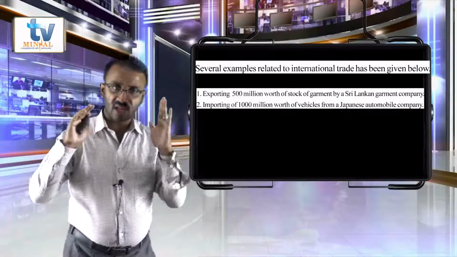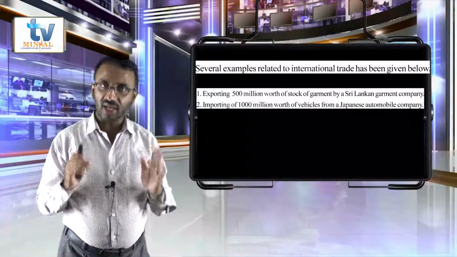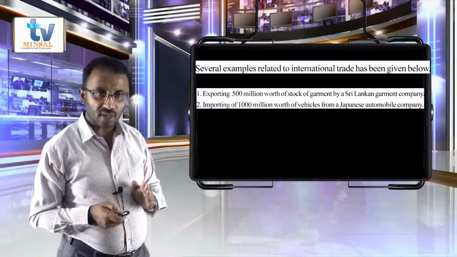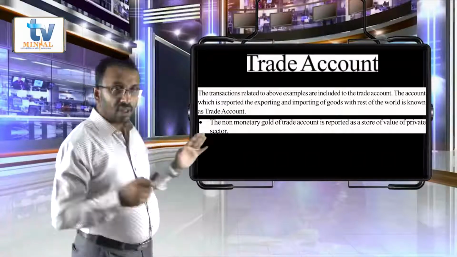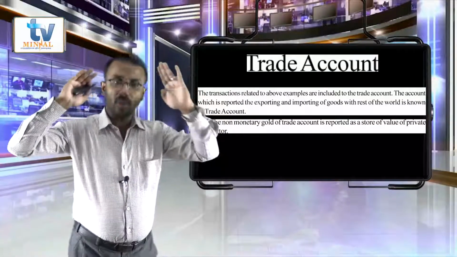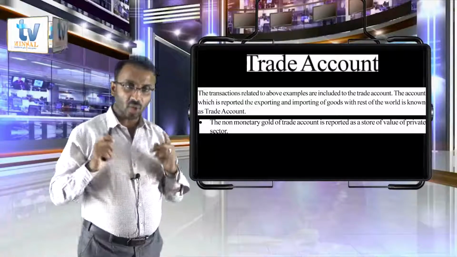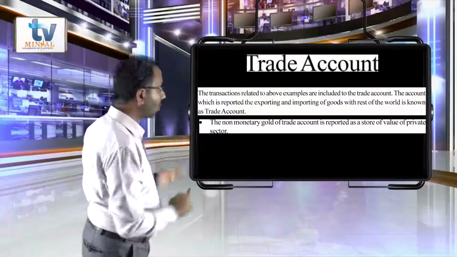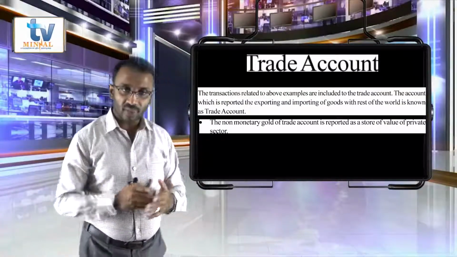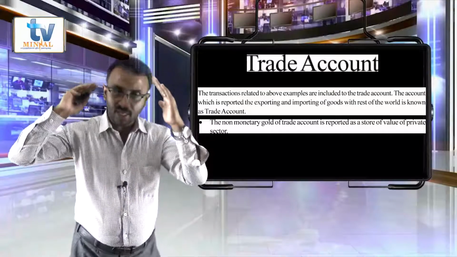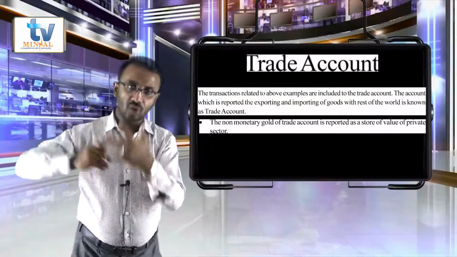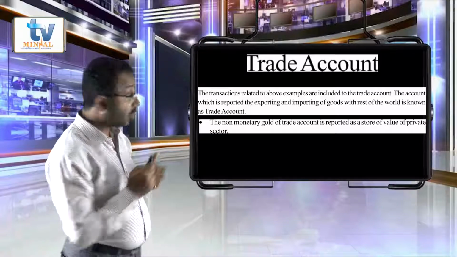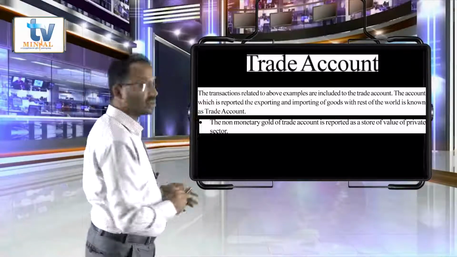These transactions are related to the trade account. It means the transactions in the above examples are included in the trade account. The account which reports the exporting and importing of goods with the rest of the world is known as trade account.